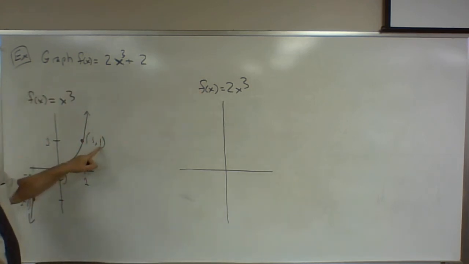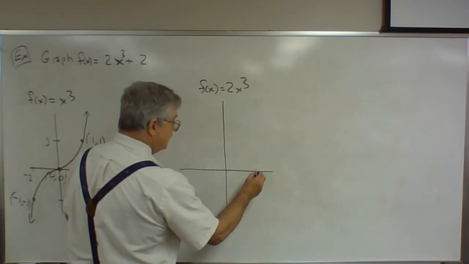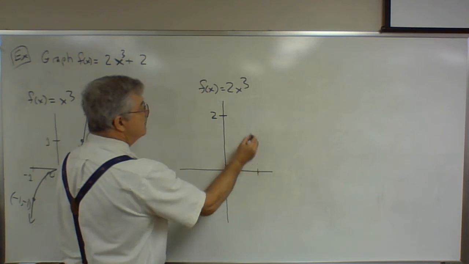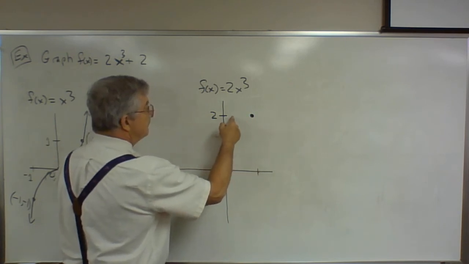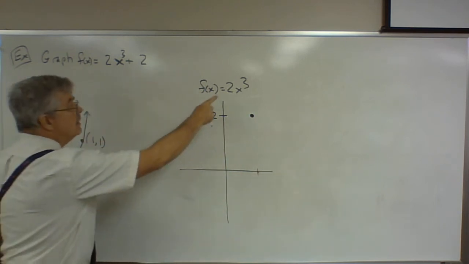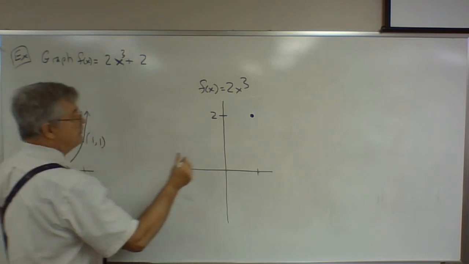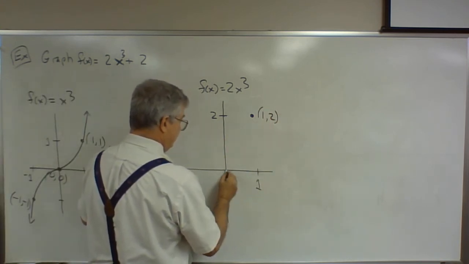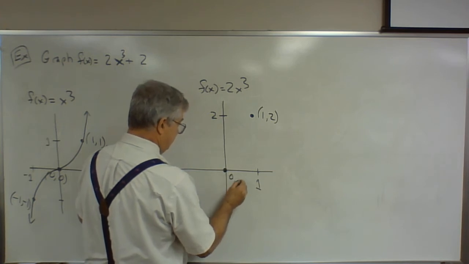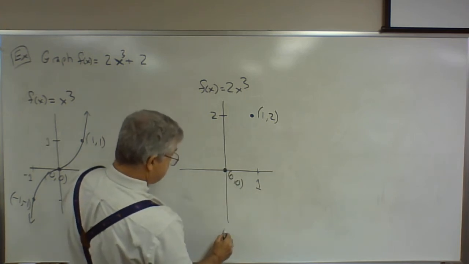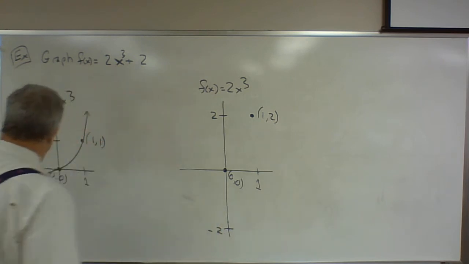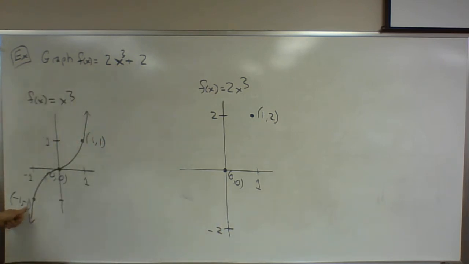The y-coordinate of this point is 1. The y-coordinate of the corresponding point on this graph is going to be 2 times 1. The y-coordinate of this point is -1.